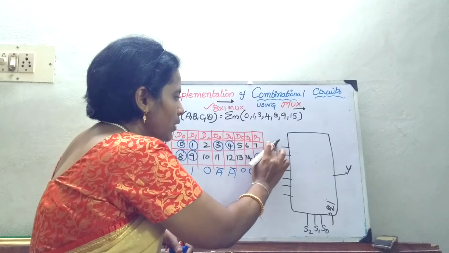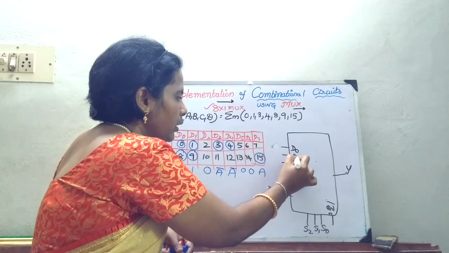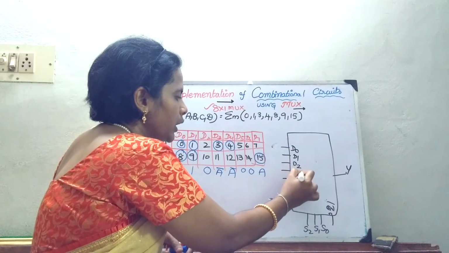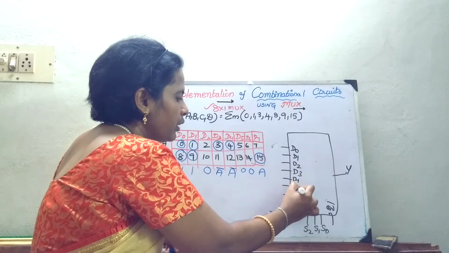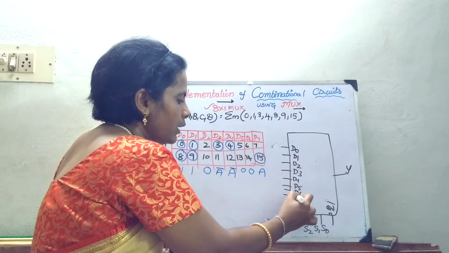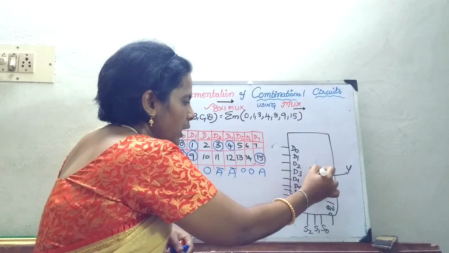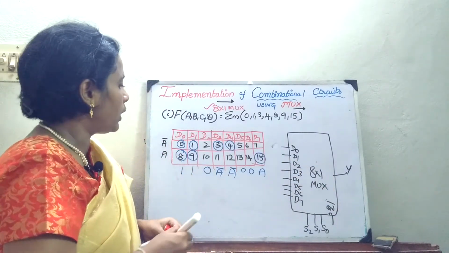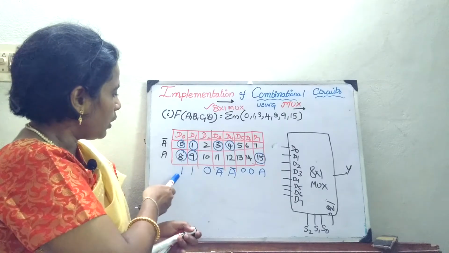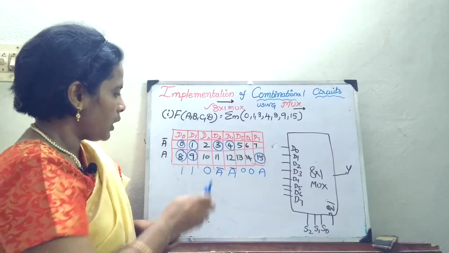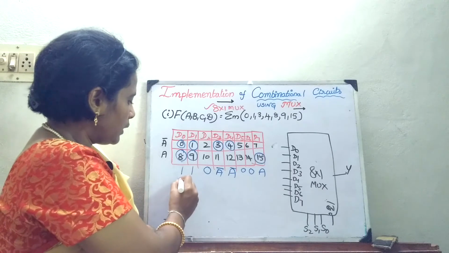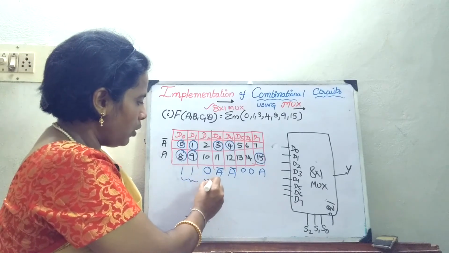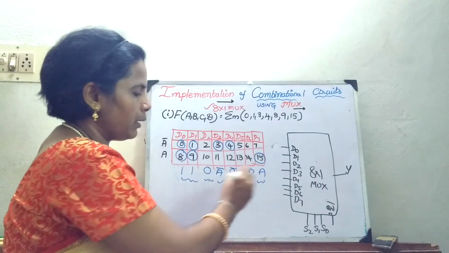So I'll write these values inside D0, D1, D2, D3, D4, D5, D6 and D7. It is an 8 cross 1 mux, right? Now what are the values you should write? If you look, I have in total 1, 0, A bar, A.